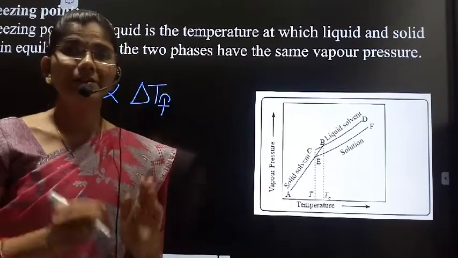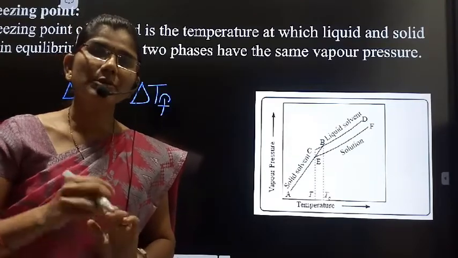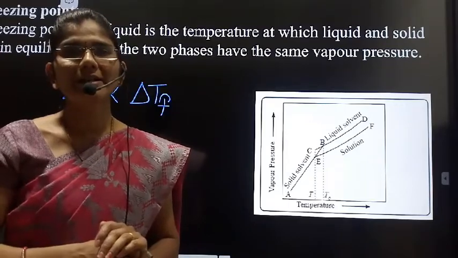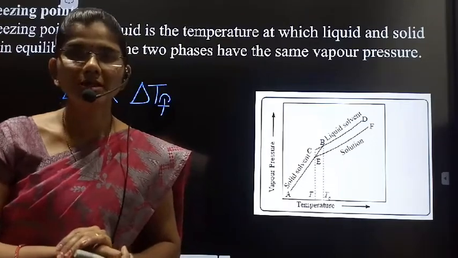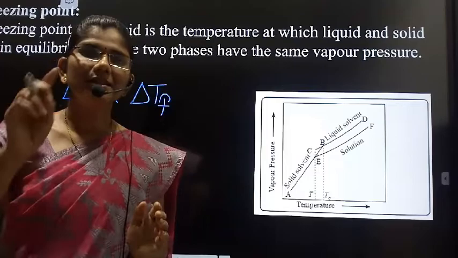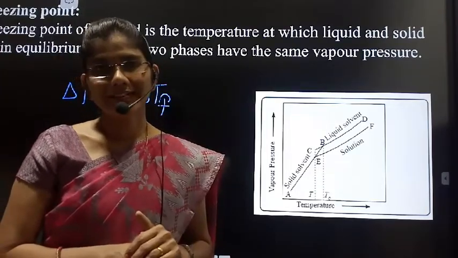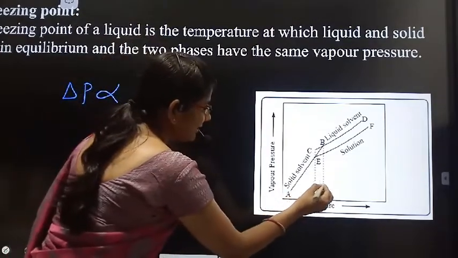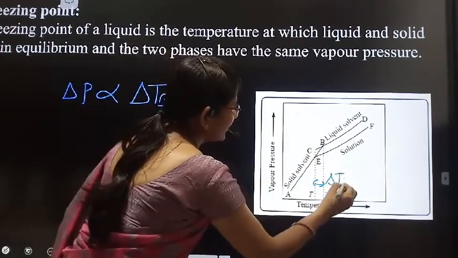That means when we add a non-volatile, non-electrolyte solute and form a solution, the freezing point of the solution is decreased compared to the freezing point of the pure solvent. That depression is denoted by the letter delta TF.